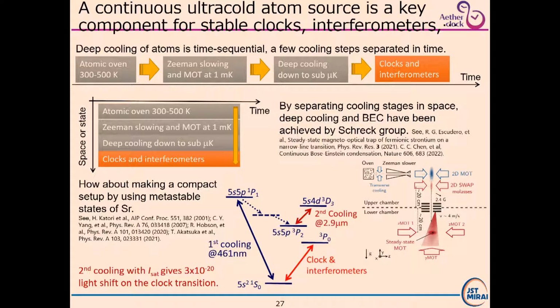So the important device for this longitudinal Ramsey spectroscopy is a continuous lattice-trapped atomic source. Previously, we made deep cooling of atoms in a time sequential way.